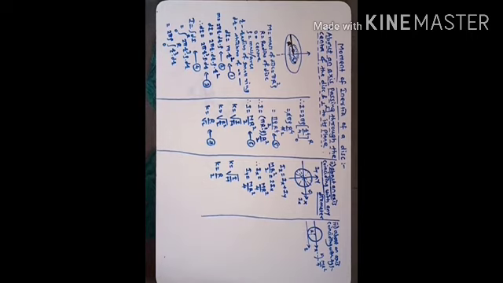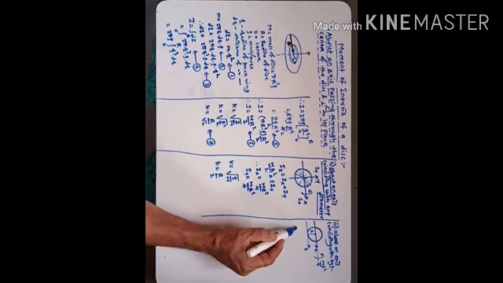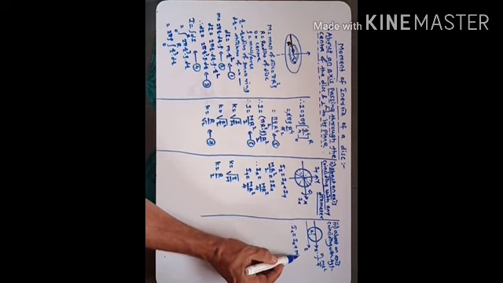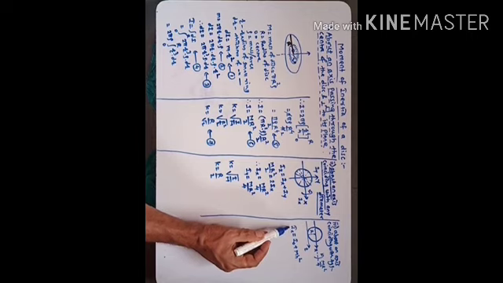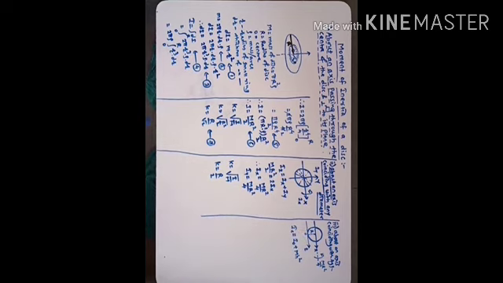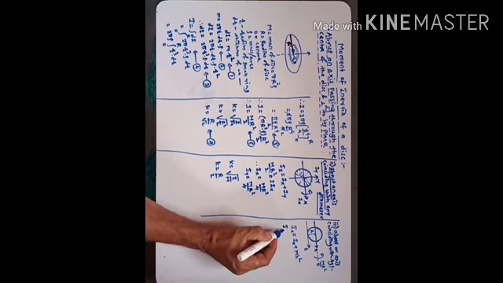Then according to our principle of parallel axis, IC is equal to IO plus mh square. IC means moment of inertia about the center of mass. Suppose this point is O, then IO plus mh square. Then I will convert this, that is IT.